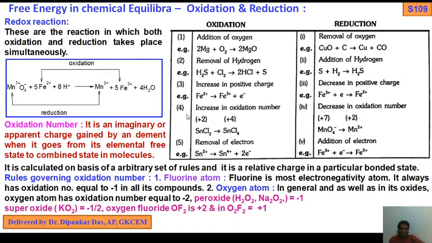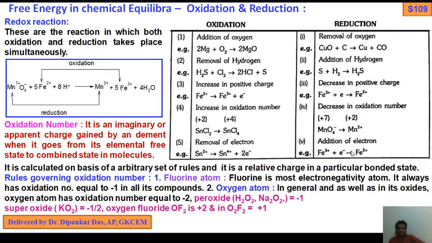And oxidation means removal of electrons. So Sn2+ loses 2 electrons, that becomes Sn4+. Similarly, addition of electron, that is gaining or accepting of electrons, is the reduction. So Fe3+ plus electron gives Fe2+.